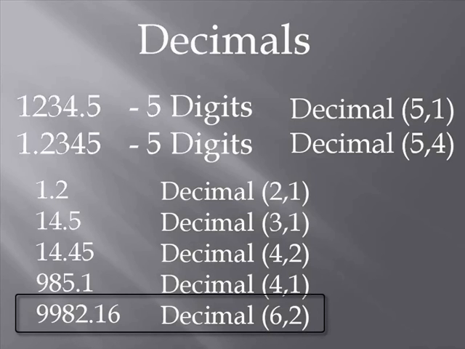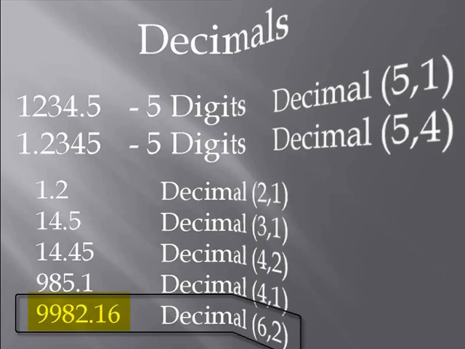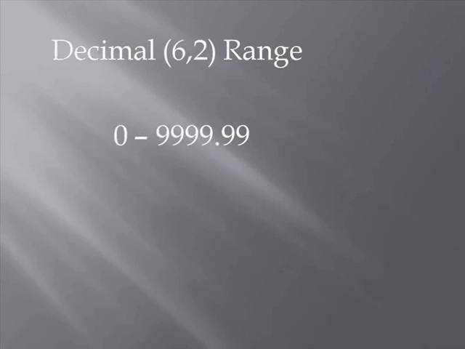And 9982.16 is a decimal 6-2. 6 total digits, 2 of them after the decimal point. One thing to keep in mind about a decimal 6-2 is it could be a 0, or it could go up to 4 digits before the decimal point and 2 digits after. The decimal specification shows how large the number can go.